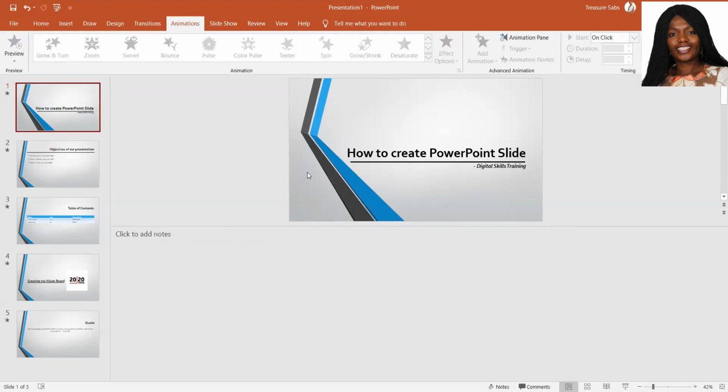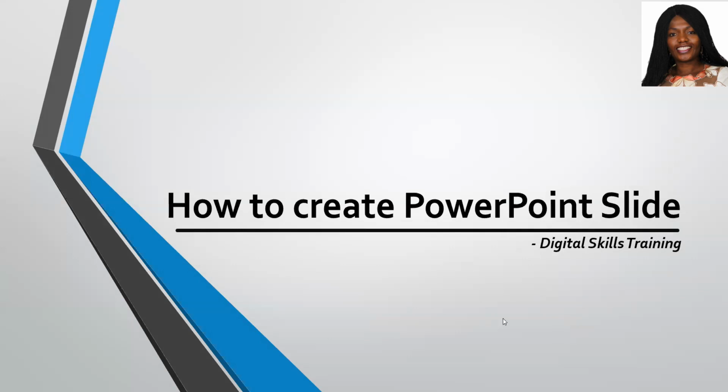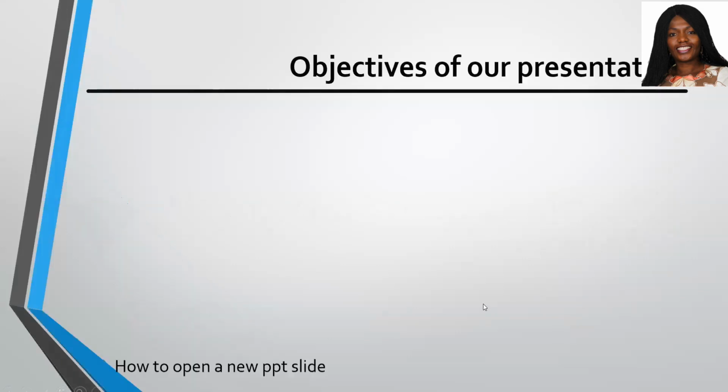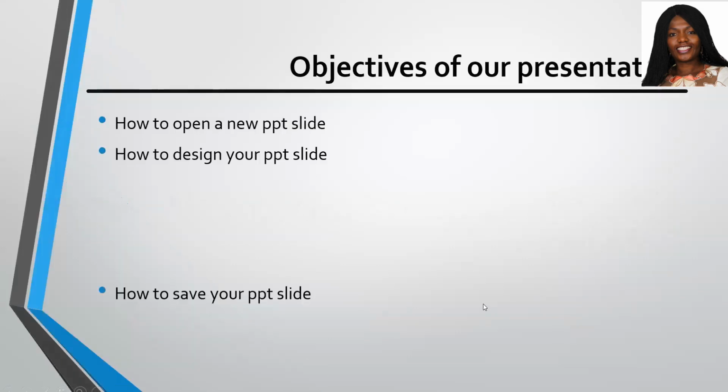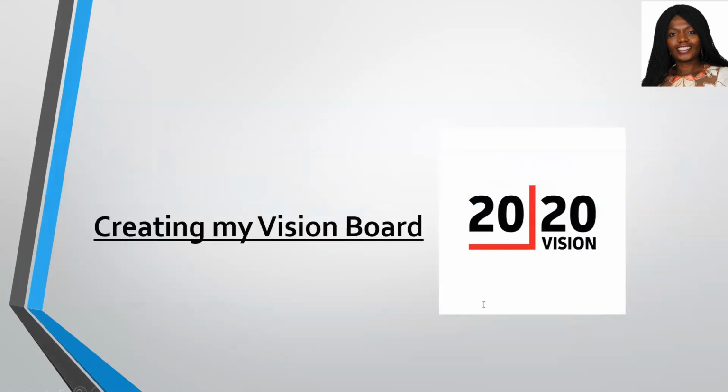To present, you must click slideshow. You can either click it at the menu here and select from beginning or from current slide, or you go to the bottom right and select slideshow. And when you do that, nobody will see your note. They'll only see what you have on your screen. It is only you that can see your own note when you're presenting.